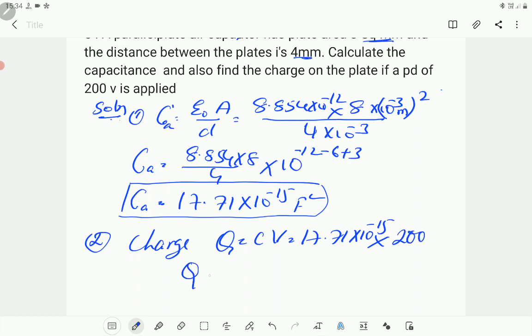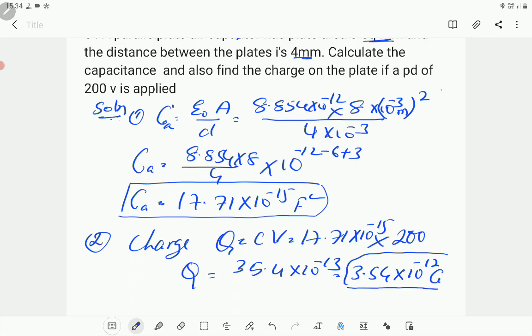So the value of charge, product of these two, 3s are 35 point something, 35.4 10 to the power minus 13. If you write 3.54 10 to the power minus 12, what is the unit of charge? Coulomb. That's it.